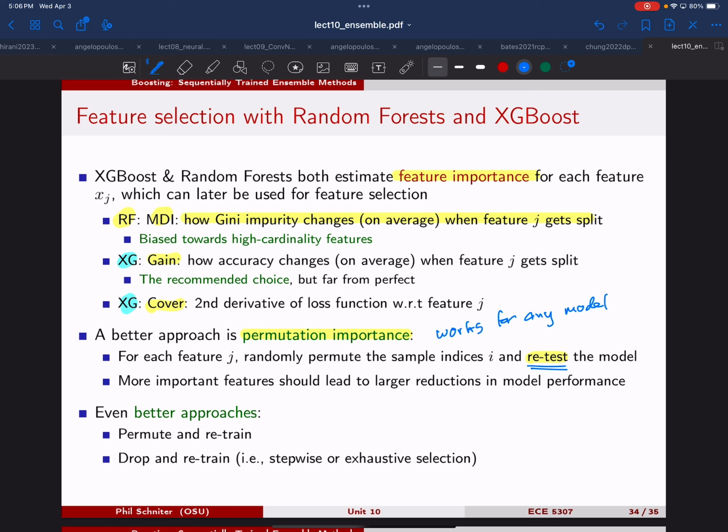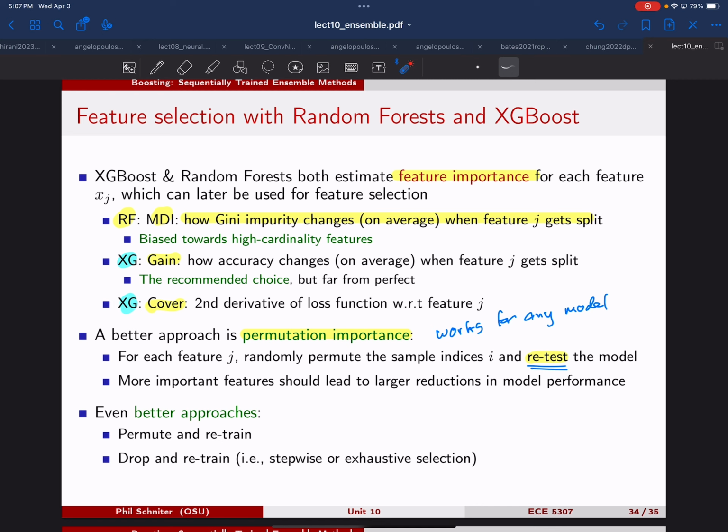So a better thing to do, though it's more expensive, is to permute and then retrain, not permute and retest. Actually retrain your model with that permuted feature. Or if you don't want to permute it, just drop it entirely. Just take it out of the model. But that gets us back to what we discussed back in Unit 4, which is that's exactly what you do with stepwise or exhaustive selection.